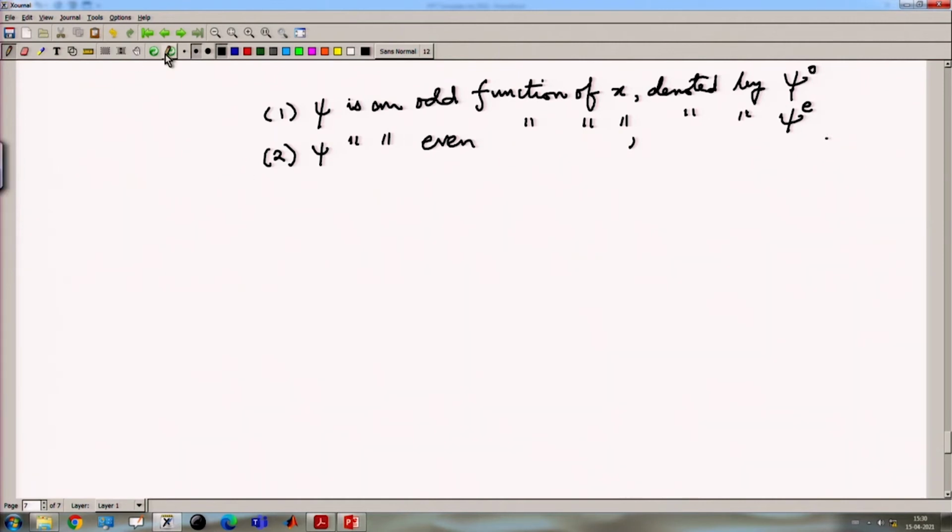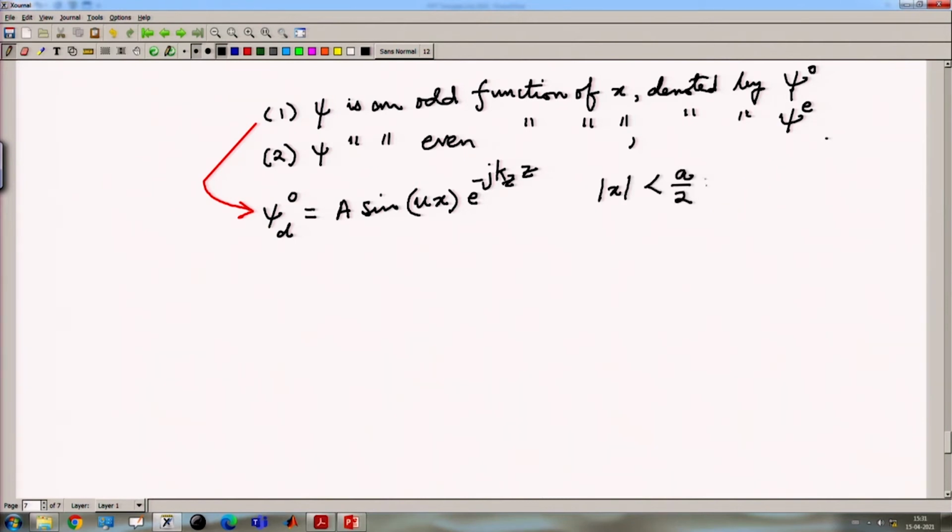So, for the odd case, we can choose in the dielectric region, that is psi d o, d stands for inside the dielectric slab, o stands for odd mode, that is A sin u x e to the power minus j k z z for mod x less than a by 2.